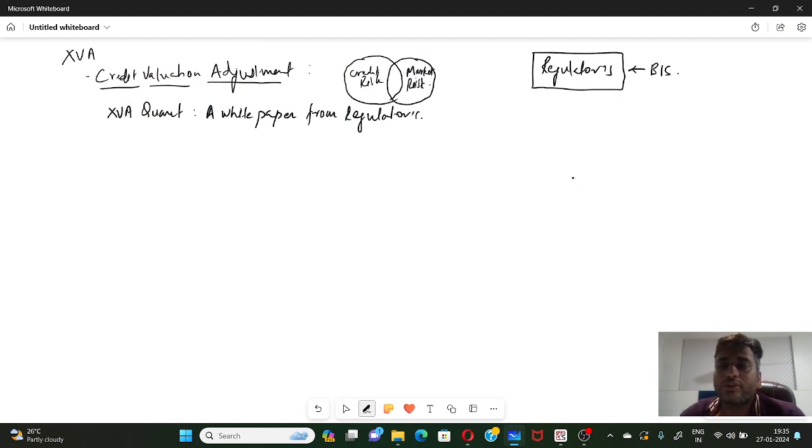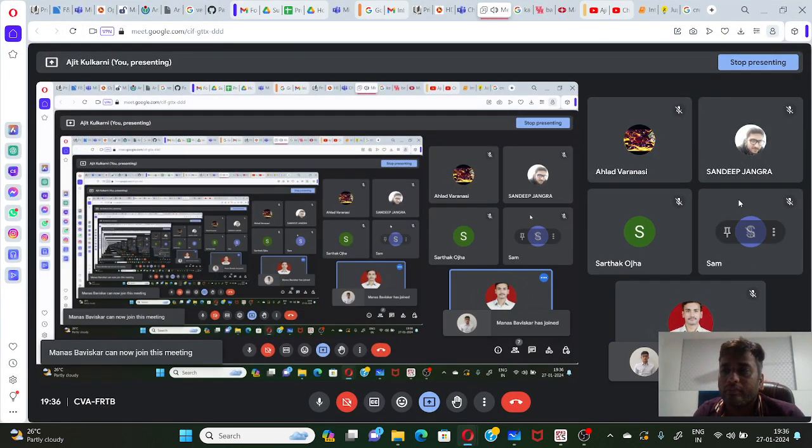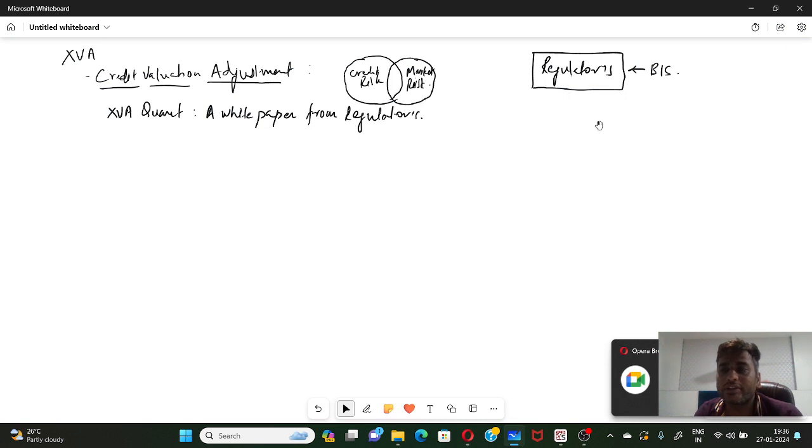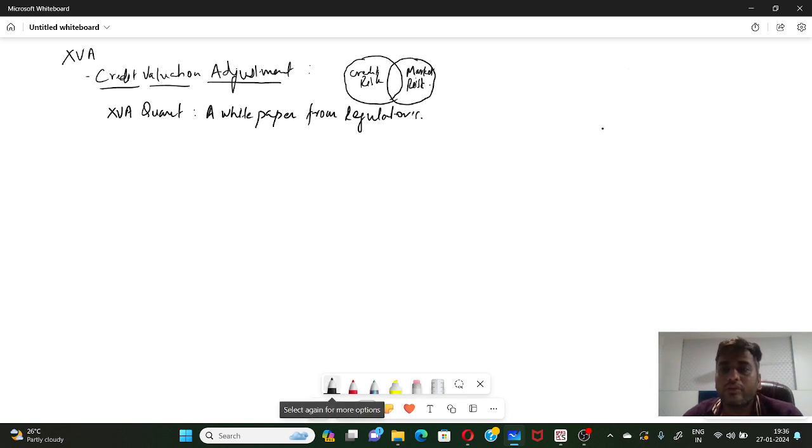So you have regulators who mention what the guidelines are and how you build an ecosystem around them, and so on and so forth. That is the first step: regulators define the framework.